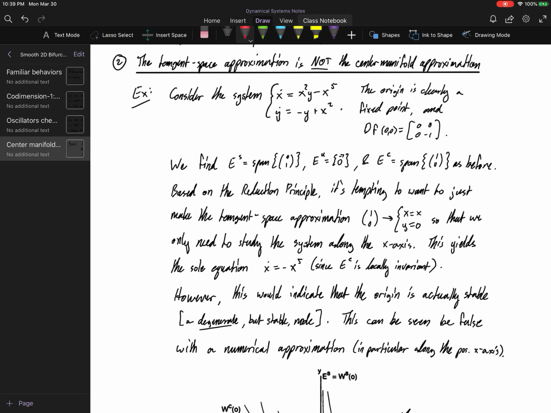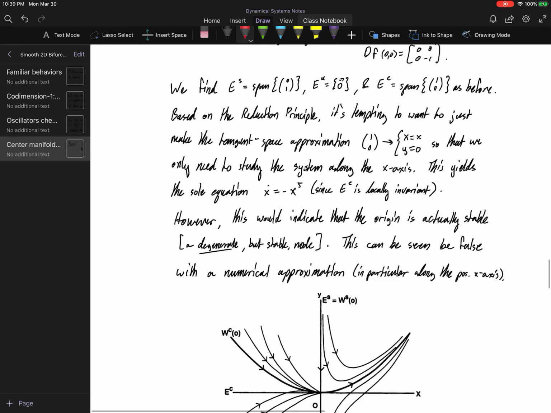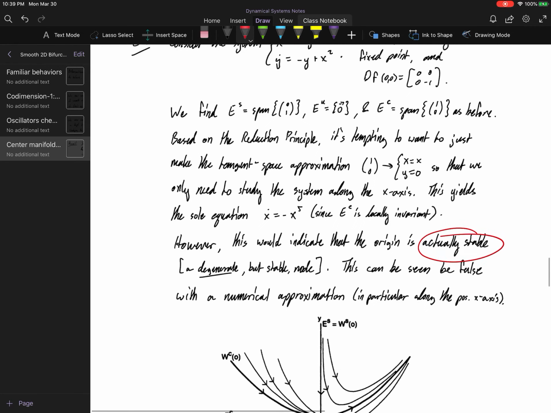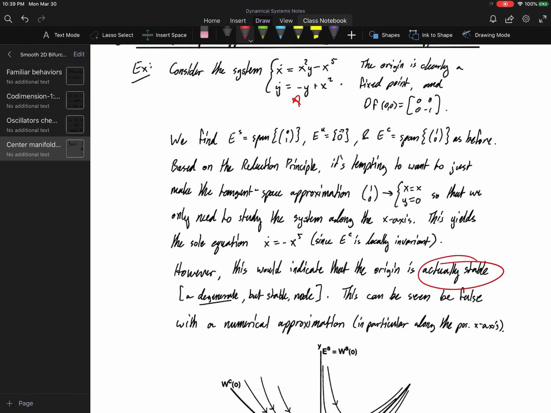So if you were to go ahead and try to approximate the dynamics along this tangent space, you would come to the incorrect conclusion that this system, where I kill off the y equation down here because y is effectively constant along that system, gives x dot equal to minus x to the 5th.